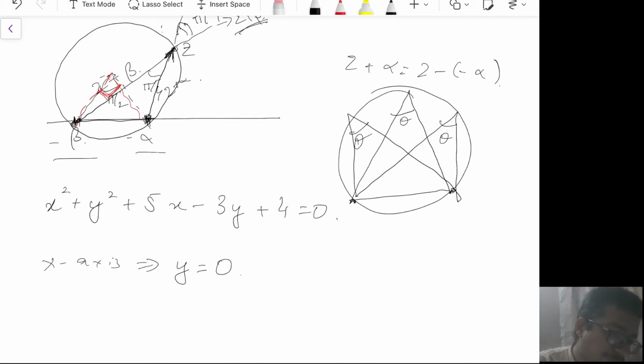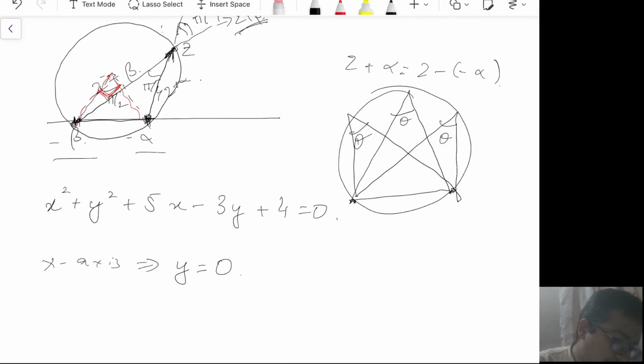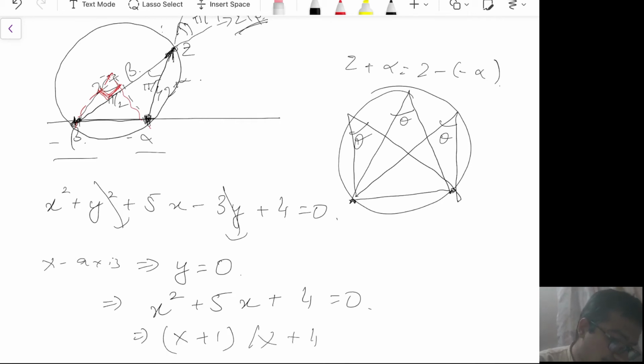So we can just substitute y equals 0, so all the y terms go away, and these points minus alpha and minus beta satisfy x square plus 5x plus 4 equals 0, which means (x plus 1) times (x plus 4) equals 0, or x equals minus 1, minus 4, right?